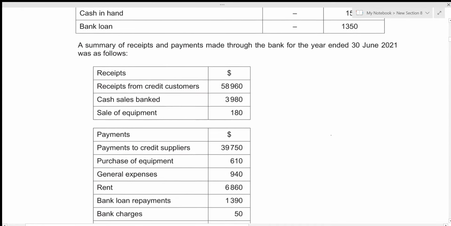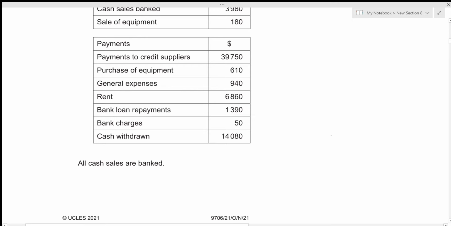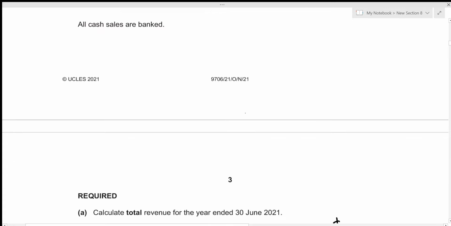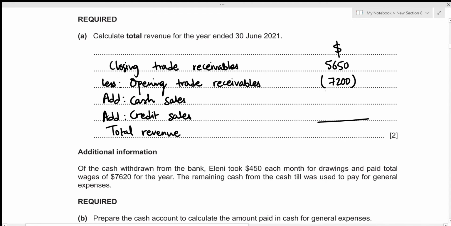We will be subtracting the opening trade receivables. Now we need to add the cash sales, and we were given the information that all cash sales are banked, which means that we need to look at the receipt section, and it is given right here. Cash sales banked amounts to 3,980. Let's write it down. And this credit sales indicates the amounts received in terms of credit sales.